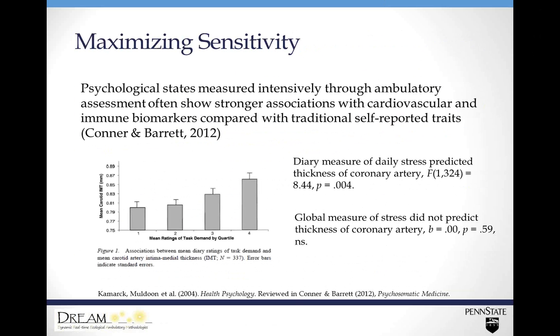So that's what this graph here is showing, so that people in the highest quartile of daily stressors had the thickest coronary arteries compared to people with the lowest, or who were in the first quintile of daily stressors. But when they measured stress using a global self-report inventory, asking people in general, how stressed are you in your life these days, that global measure of stress did not predict the thickness.